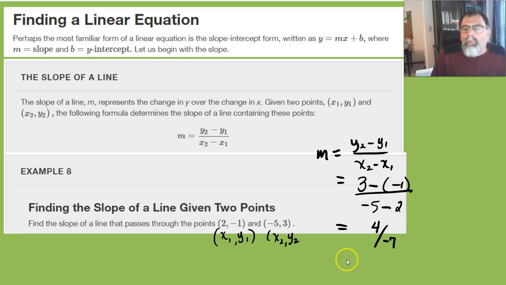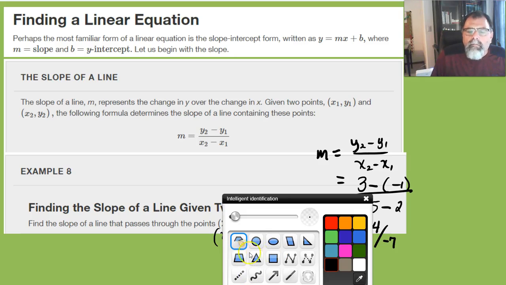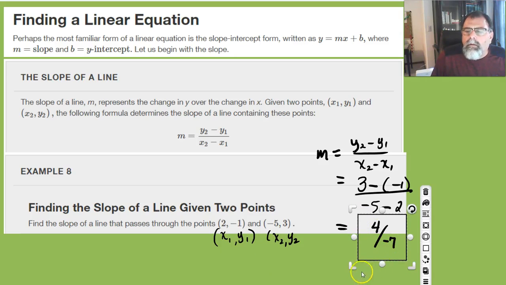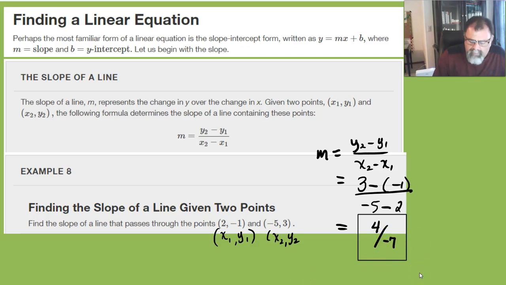So our slope is 4/7. Or should I say negative 4/7, right? So bring this negative out in front. Same thing. So 4 over negative 7, negative 4 over 7, or negative 4/7. They're all the same thing, right?